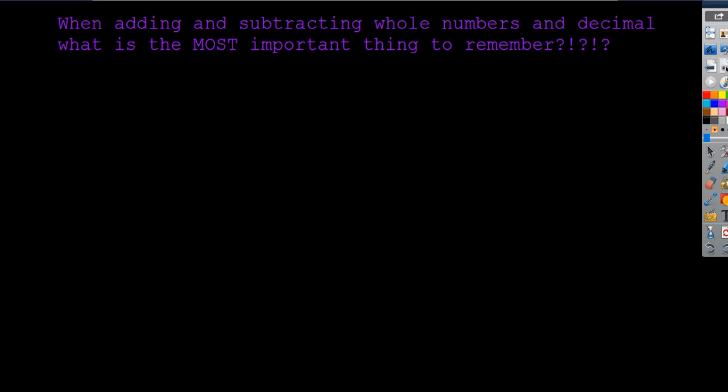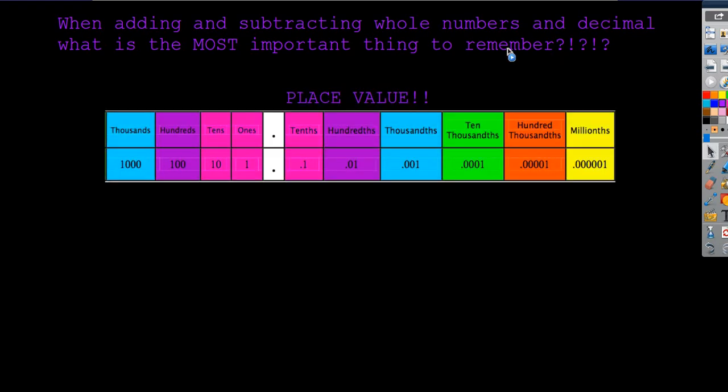All right, so what's really important when we talk about addition and subtraction with any types of numbers? Place value. Place value is incredibly important because if we don't line up our place values, we're going to get an incorrect answer.